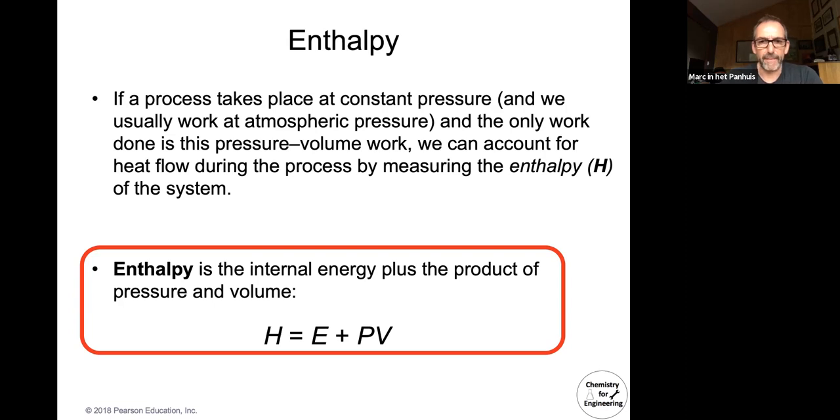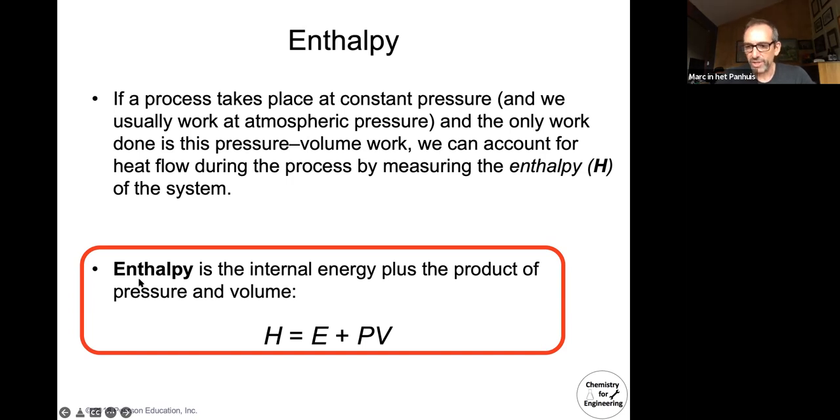That means the only work that then occurs is due to this pressure-volume consideration. So by assuming we're at constant pressure, we can think of the heat flow by measuring something that is called the enthalpy, and the enthalpy is generally designated as H.